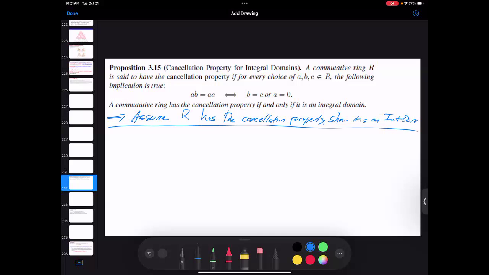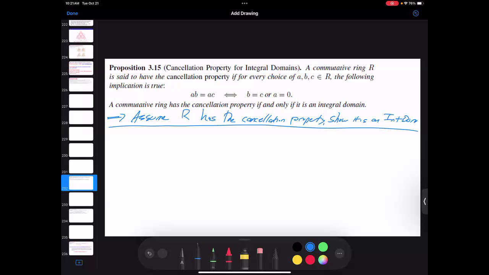One is we could try to do a direct proof and show that it is an integral domain. We could also do a proof by contradiction, assume that it's not an integral domain, and then get a contradiction. So to me, those are the two natural ways to attack something like this. My first thought is, if we assume that it's not an integral domain, that might be able to give me a good violation of the cancellation property.